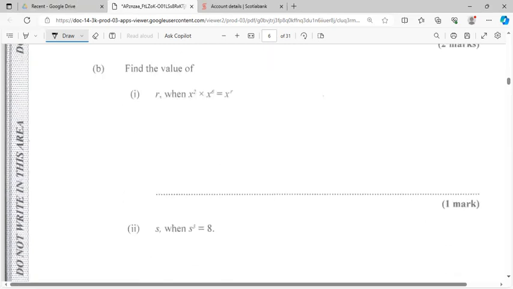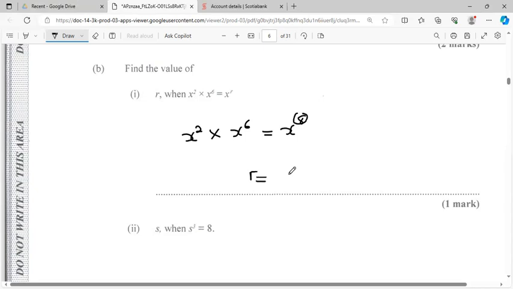This one says find the value of r when x squared times x to the 6 is equal to x to the r. Now we know that when we are multiplying, we add the powers. So all we have to do basically is just add 6 and 2, because in essence we'd have gotten x to the 8, and the exponent represents r, so therefore r is equal to 8.